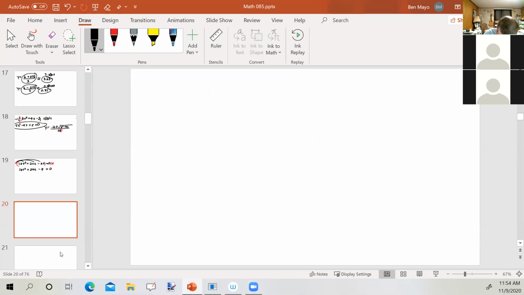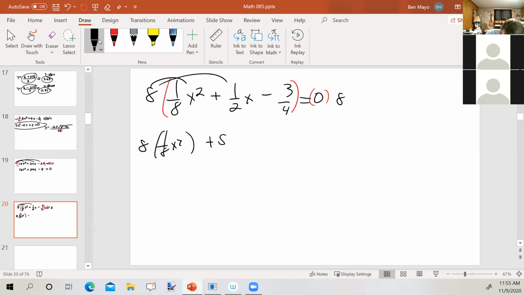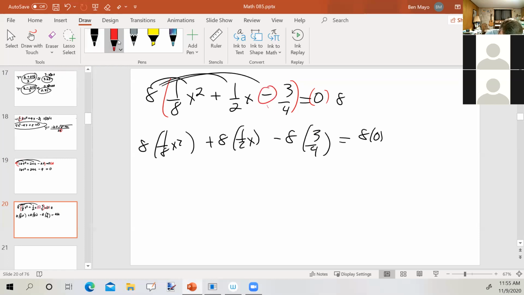Next example. Let's say that we have a bunch of fractions to deal with. We could clear the denominators by multiplying both sides of the equation by the LCD, which is 8. So then we'd get 8 times 1/8 x squared plus 8 times 1/2 x minus 8 times 3/4 equals 8 times 0. And notice I put the minus sign in front.